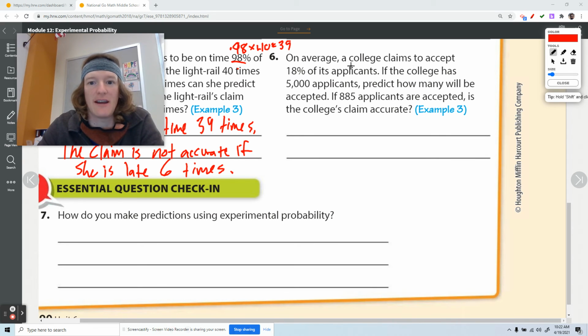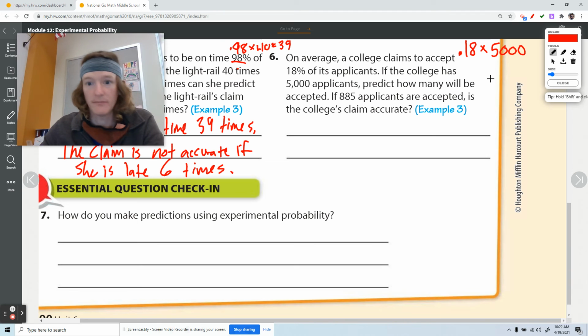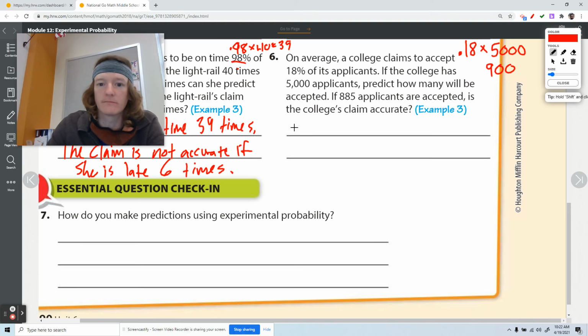Number 6, on average, a college claims to accept 18% of its applicants. 18% is 0.18. If the college has 5,000 applicants, predict how many will be accepted. 0.18 times 5,000 should get about 900. If 885 applicants are accepted, is the college's claim accurate?